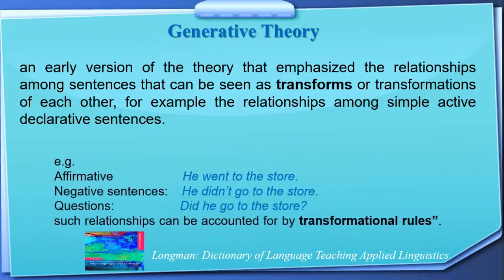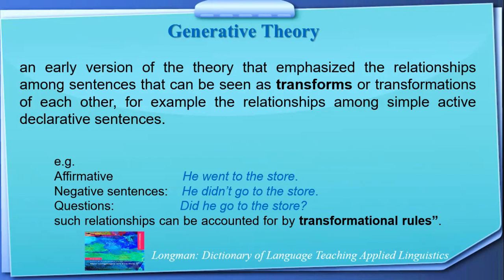For example, an affirmative sentence: he went to the store. If we transform it, it would be a negative sentence: he didn't go to the store. And if we make it a question: did he go to the store? Such relationships can be accounted for by transformational rules. So these are some of the transformational rules of sentences.